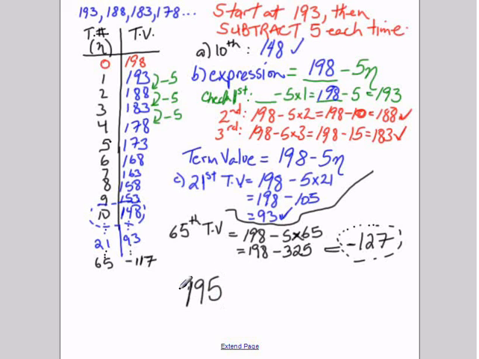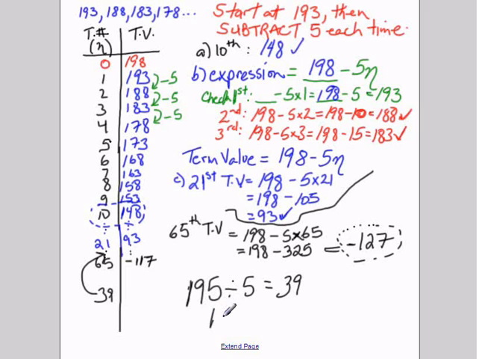The closest number to 198, without going over, that's a multiple of 5 is 195. If I divide that by 5, that gives me 39. So the 39th number of this pattern is going to be close to 0.